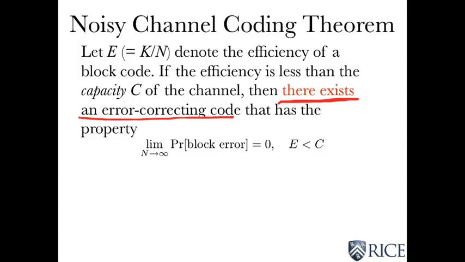But there's a more practical problem, which has to do with this limit as n goes to infinity. So this means the code word length has to go to infinity, which means you're also taking in more and more data bits and encoding them all at once, sending them through the channel, and then decoding them.